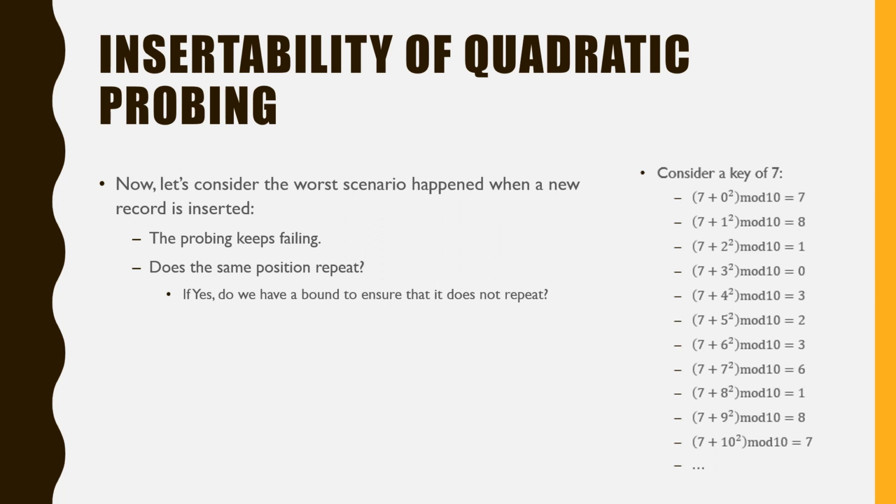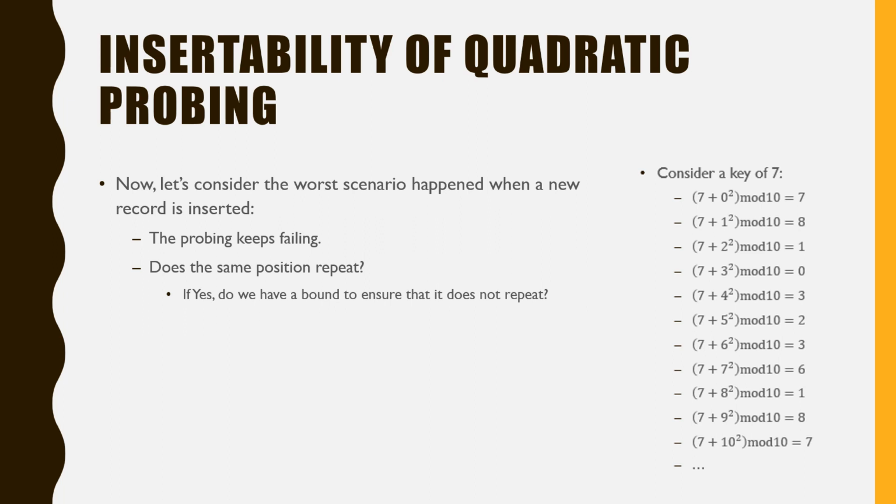This is because if the answer is yes, then we might have an unlimited number of probings that keep ending in the same positions that are already occupied. Unfortunately, if you remember the example shown on the right panel, the answer is yes. We do have different probings ending in the same location.